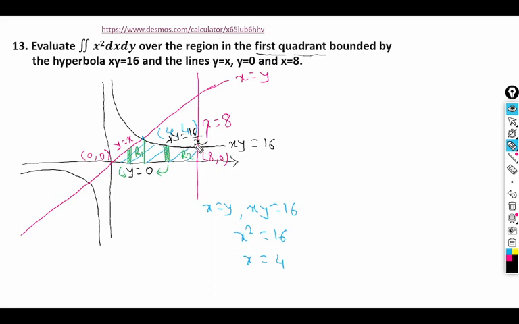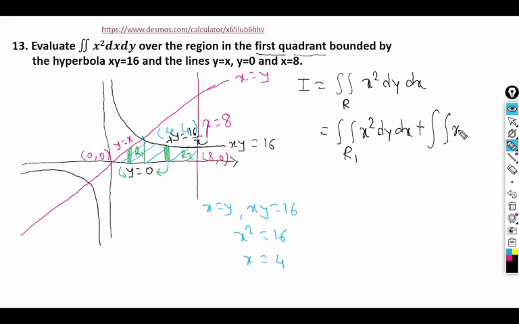So the double integral of x square dy dx on the entire region R is actually split into the double integral on region R1 plus the double integral of x square dy dx on region R2.